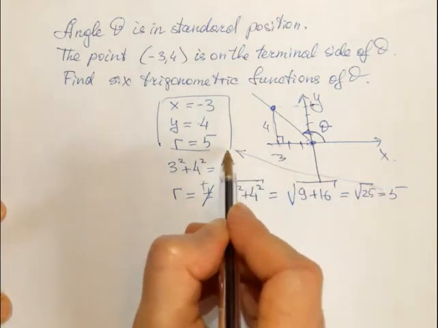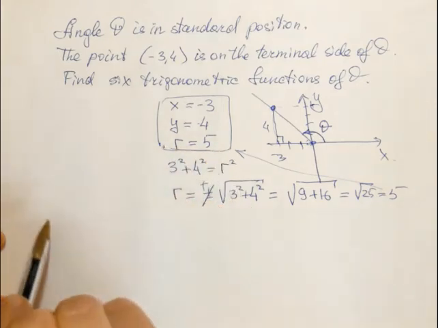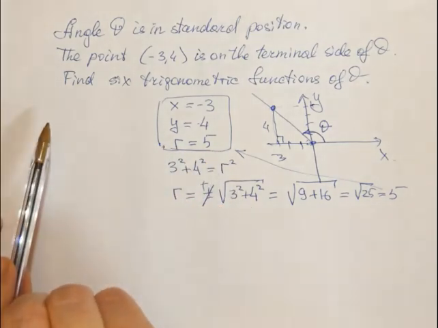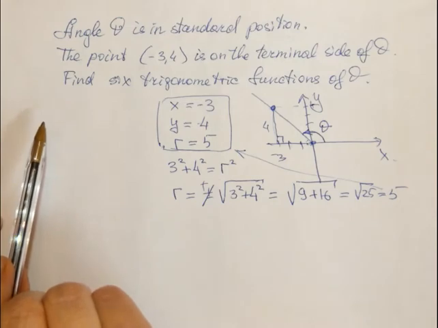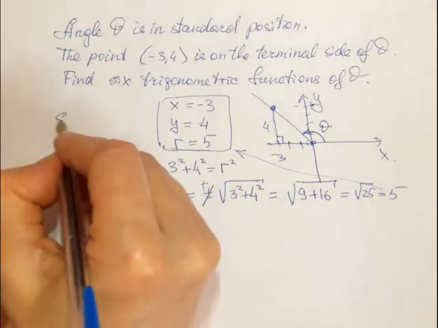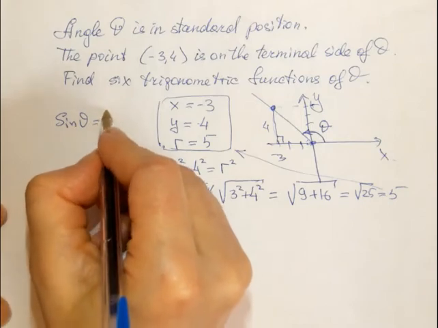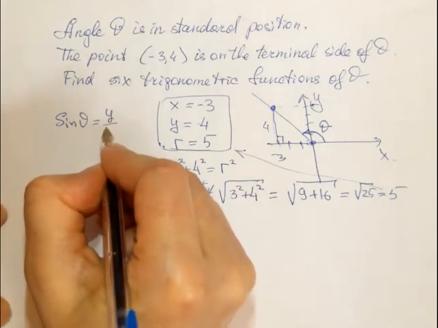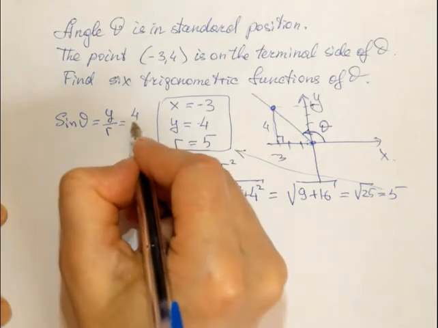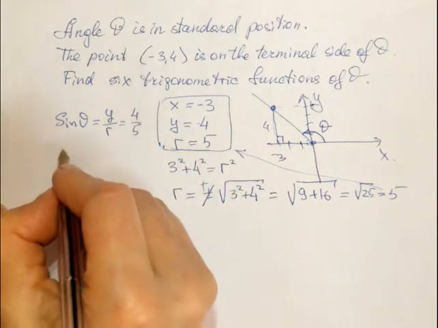So we have found r now. Now we can determine all 6 trigonometric functions. Sine of theta is y over r, or 4 over 5.